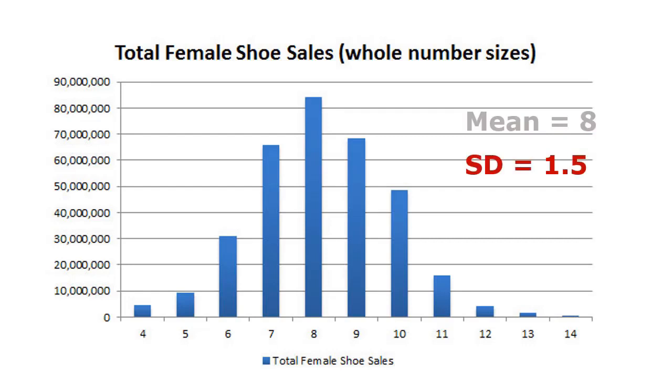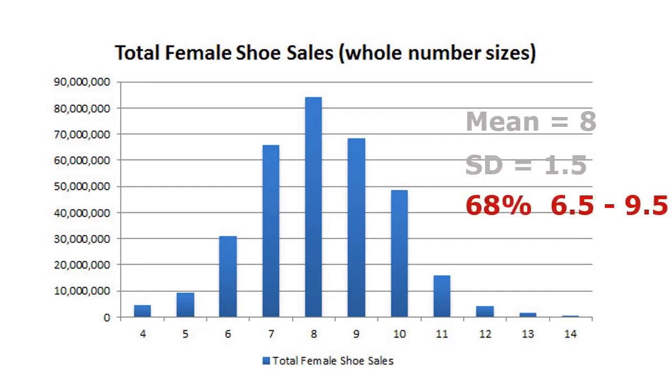The standard deviation is around 1.5. What that means is that the average difference of shoe size from the mean of 8 for females is 1.5 shoe sizes. There's an interesting pattern that emerges that we'll talk about in just a bit.